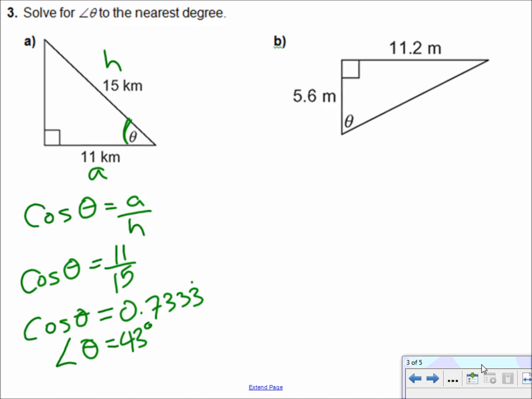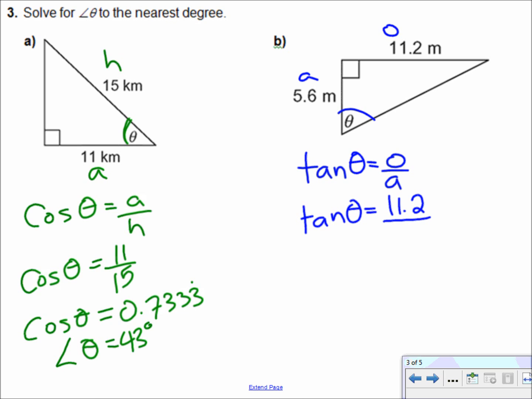Okay, next. Based on this angle given, we have our opposite side and our adjacent. Opposite and adjacent is tan, TOA, okay? So tan of theta is equal to the opposite over adjacent. Tan of theta is equal to 11.2 divided by 5.6.